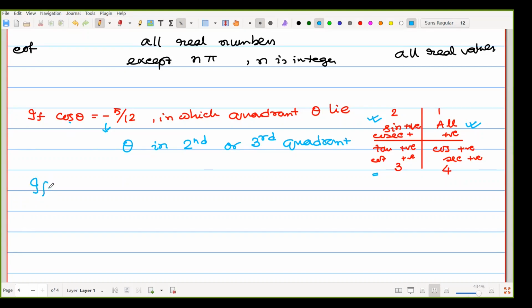Same as, suppose another question is given, if tan theta is equal to 4 by 3, where does theta lie? Check, here that one is positive, so that may happen in the first quadrant or in the third quadrant only. In the second quadrant tan is negative, in the fourth quadrant tan is negative, so theta may lie in the first or the third quadrant.